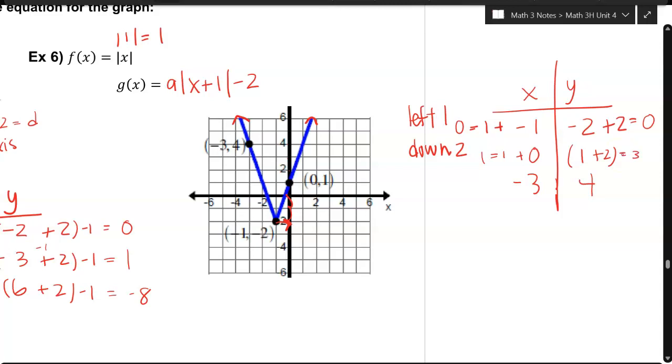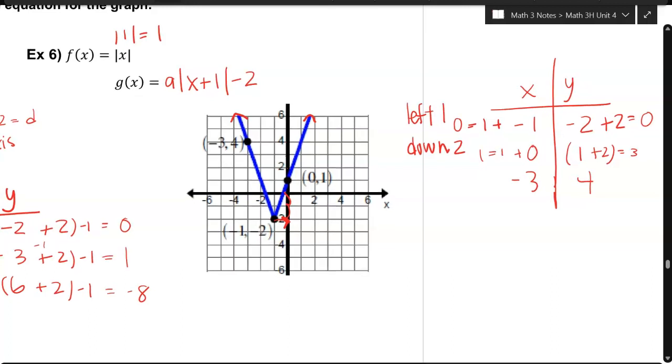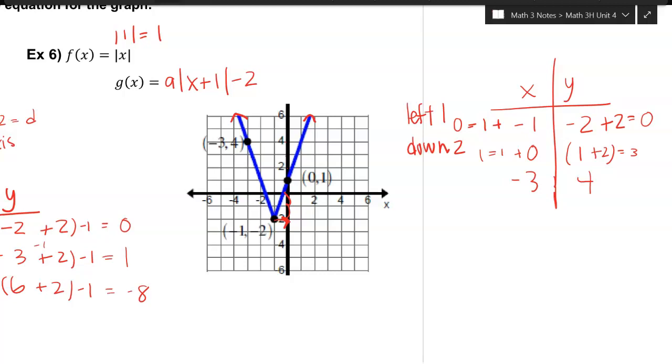All right, so we will be using our points here to help us solve. You can choose any of your points to solve for your a value. Okay, so we have y equals a, x plus 1 minus 2.